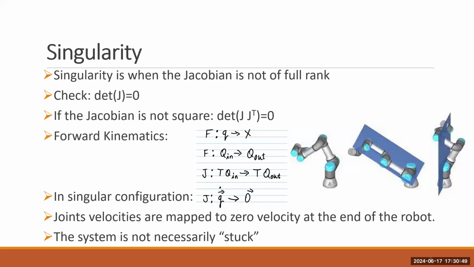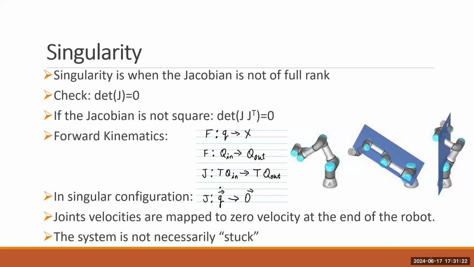Sometimes we call Q the input and X the output parameters. Then the Jacobian maps from Q dot in, actually the tangent space to Q in, this is T Q in, to Q dot out, on the tangent space to Q out.